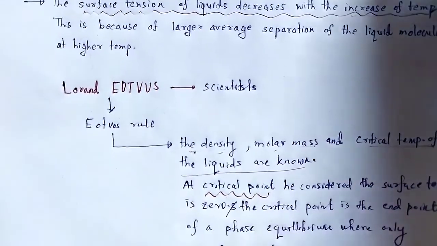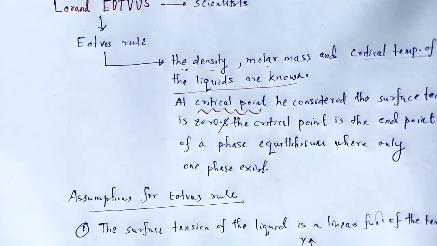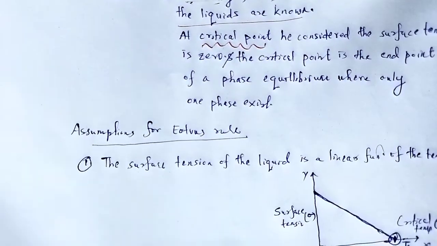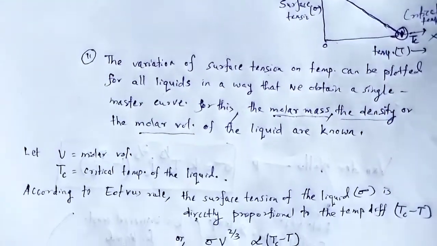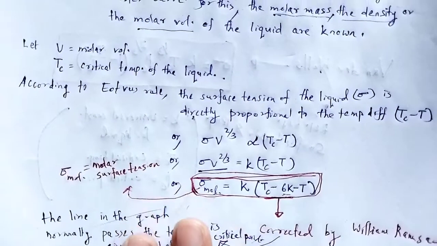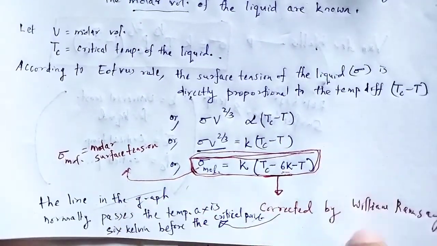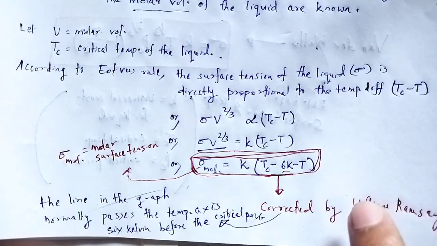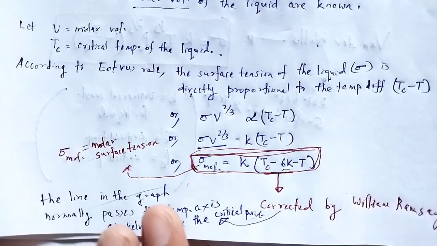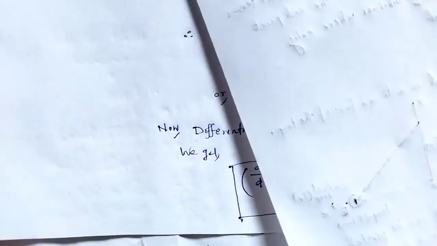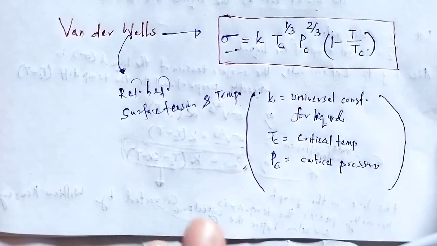Edwards rule regarding surface tension and temperature, the assumptions taken by Edwards for his rule, and the mathematical relation proposed by him. Further, a correction made by another scientist, William Ramsay, for a particular temperature. And finally, the relation proposed by Van der Waals regarding surface tension and temperature.